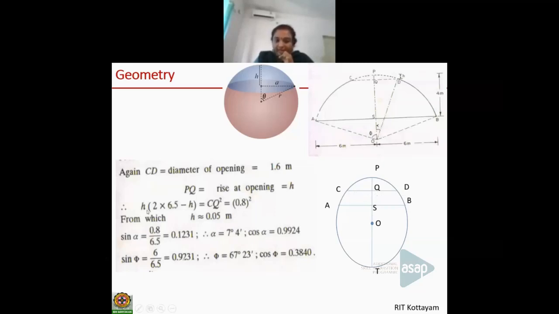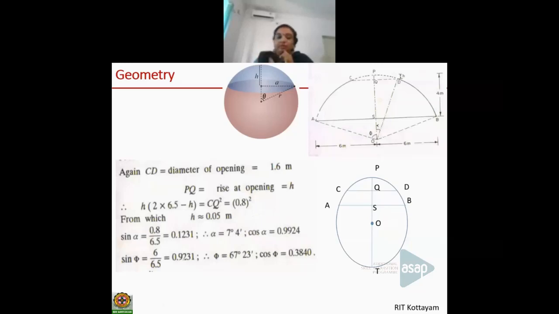PQ is H, and CQ is half of the 1.6 meter CD distance, so CQ is 0.8. With the same method, you can find the height at the opening, PQ, which is approximately 0.05.